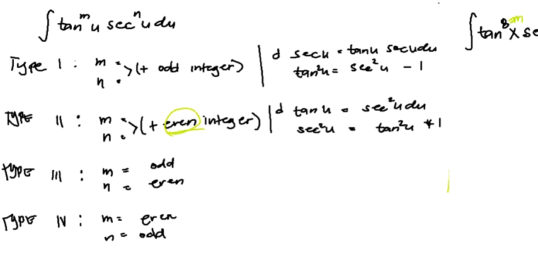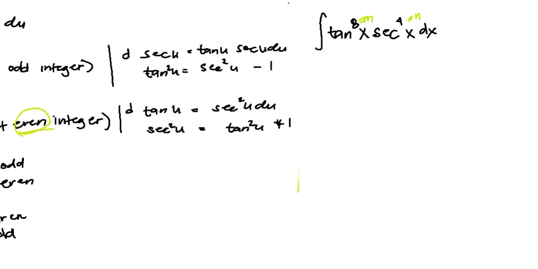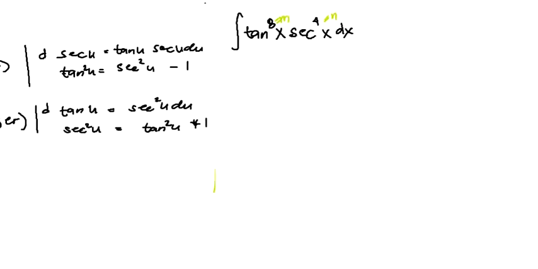If we have a type 2, we need to use the derivative and the identity. Our technique, if we have this type, is that we need to isolate the secant squared u du, and this will serve as the derivative of the tangent.